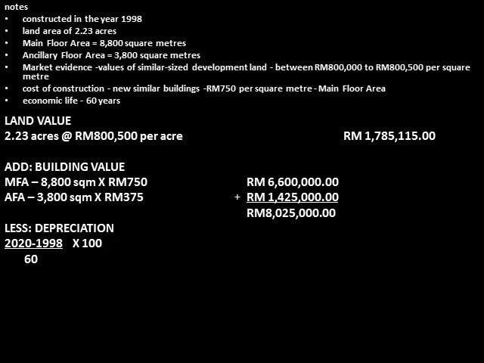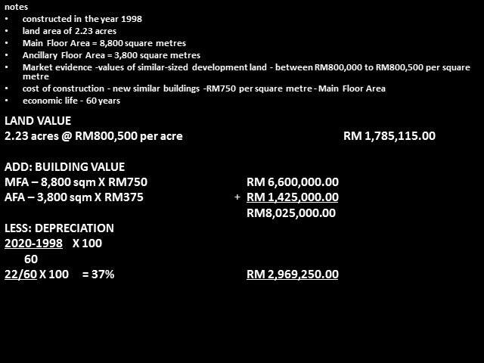We assume that we want to value it today, and today is 2020. So with the construction period, it is 1998. The economic age is also given, 60 years, times 100. So you will get 37%.